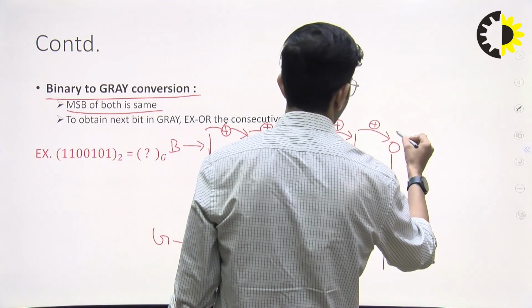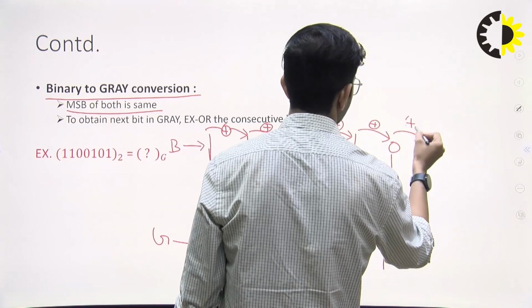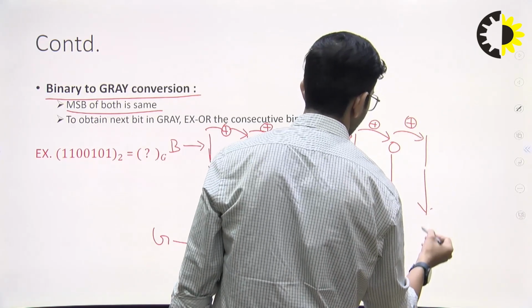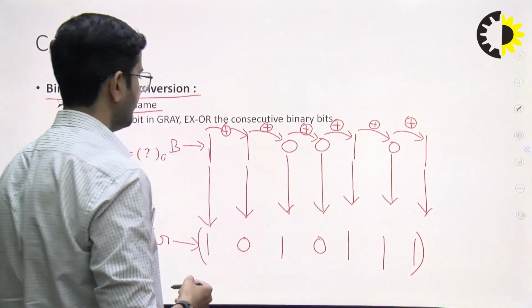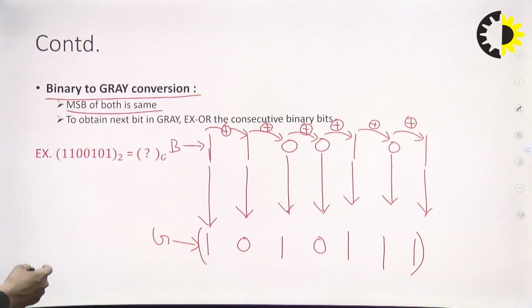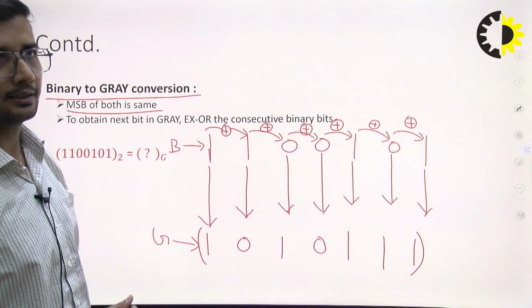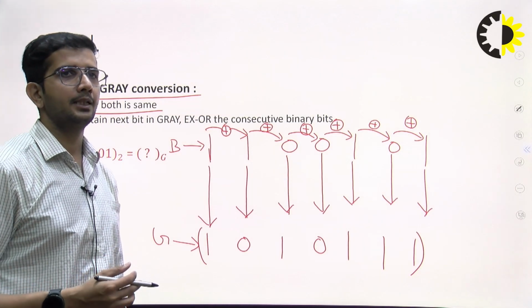And 0 XOR 1, the bits are different, so output of the XOR gate is 1. So this is our gray representation of the given binary bits. So that's how we can convert any binary bits into a gray code.